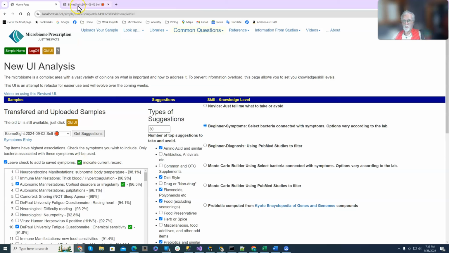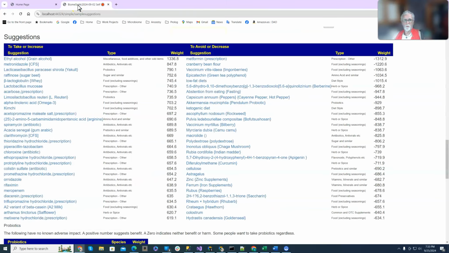So if you want to see 60 or 100, you just change the numbers there and we'll list them off. And then we have things to avoid over here. Unfortunately, this person may not be too happy with having to avoid lingonberry, which is one of his ethnic specialities.